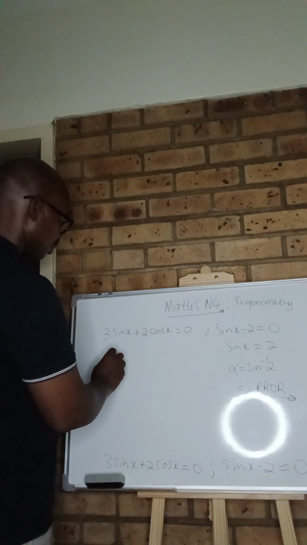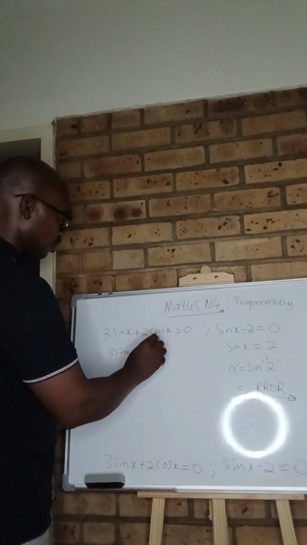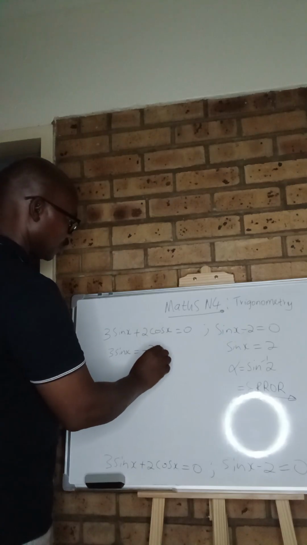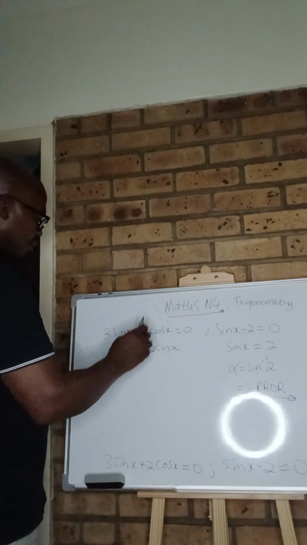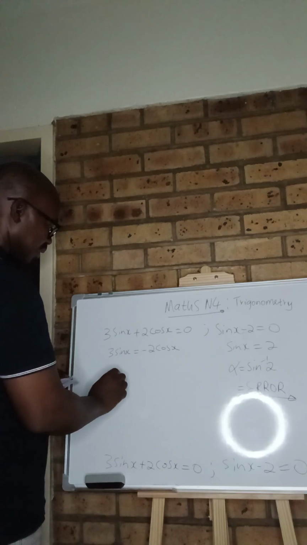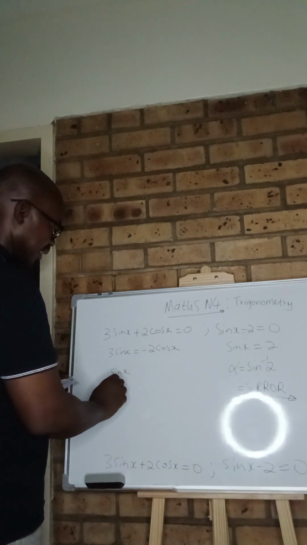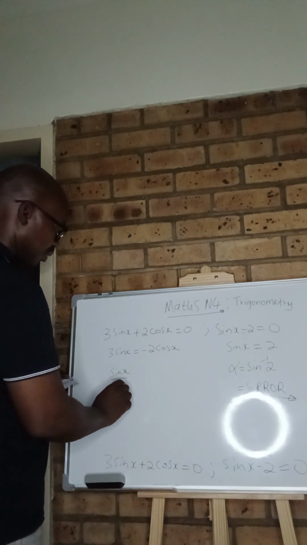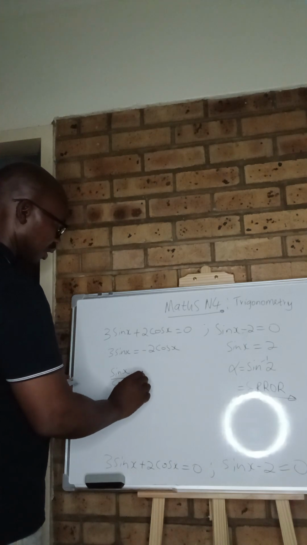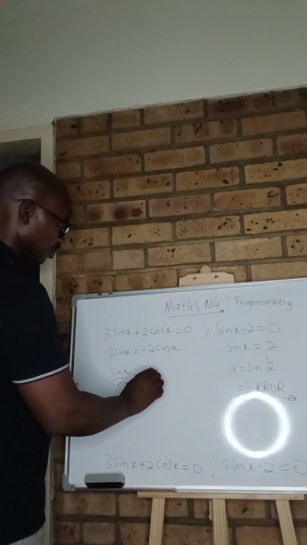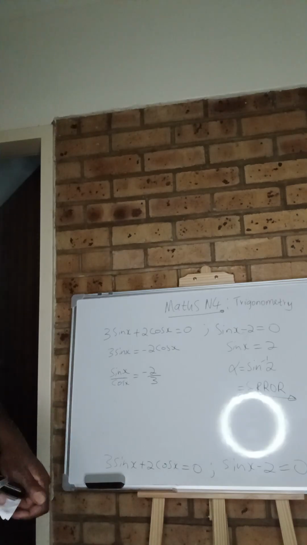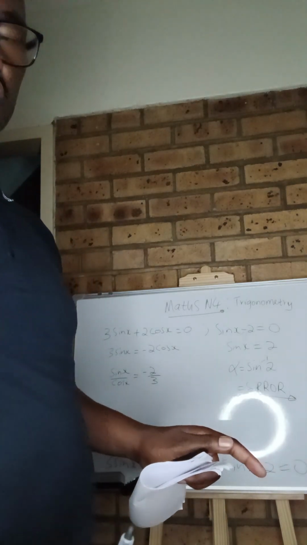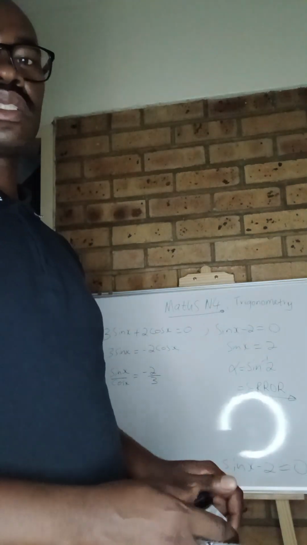Solving this, we know 3 sine x is equals to minus 2 cos x, divided by cos x. This is sine x divided by cos x is equals to minus 2 divided by 3. Hopefully you all know how to manipulate the formula.